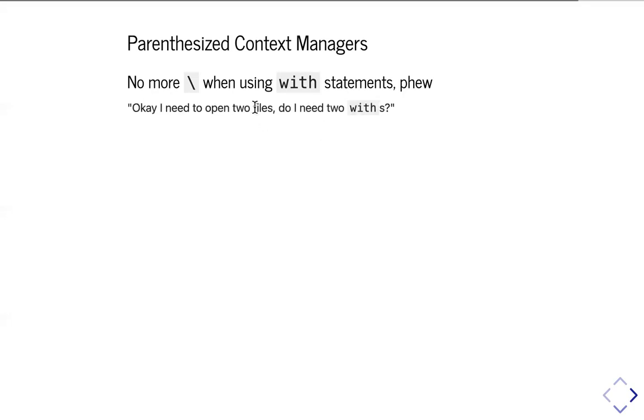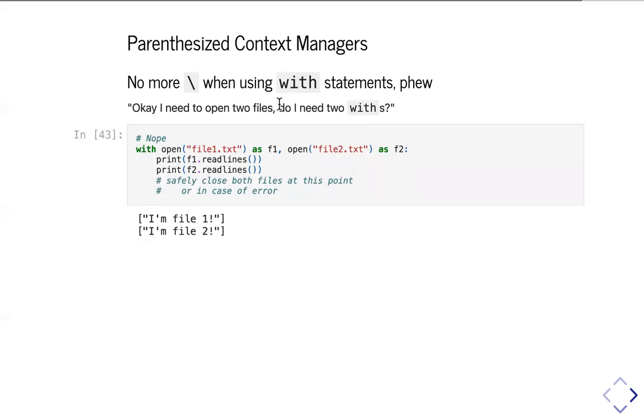So, like I said, to open 2 files, would I need 2 withs? In 3.10, well, you wouldn't need it even before 3.10, you just have a with, and then an open, and then a comma and an open. So that's 2 files, easy. But what if you had like 9?